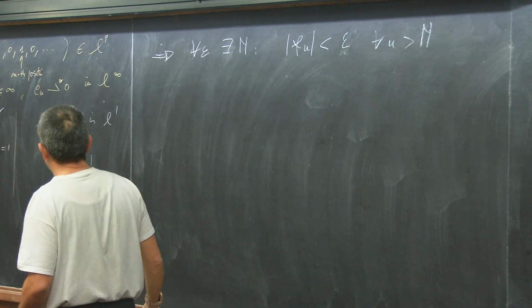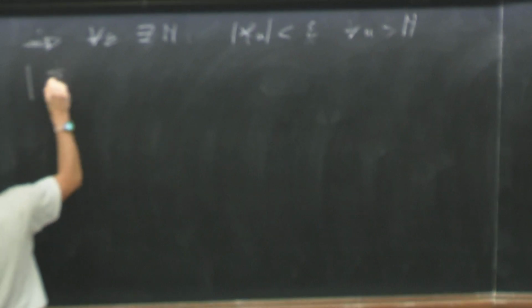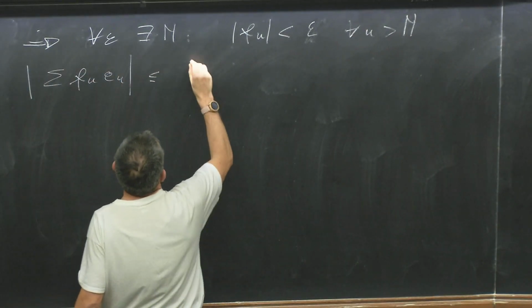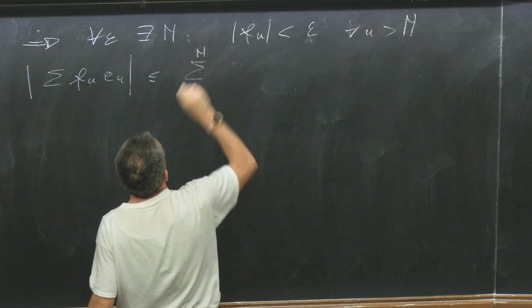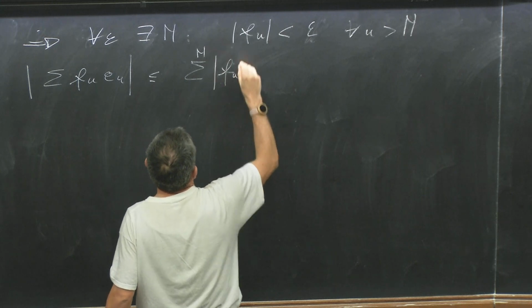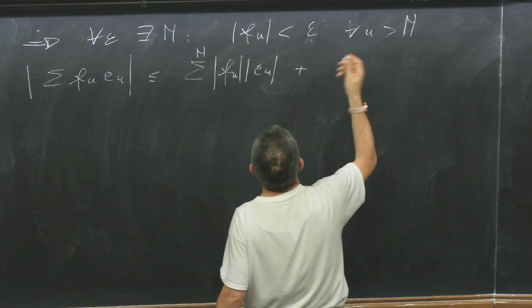Now we write that sum, up to N: f_n e_n plus what is left.